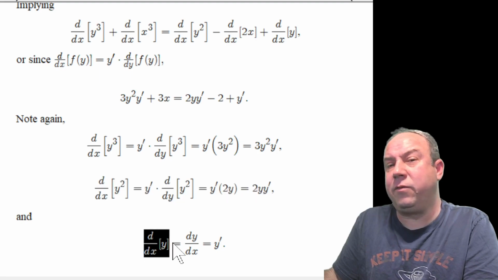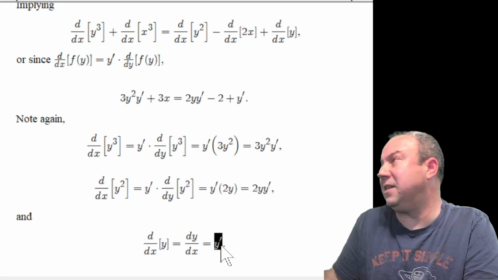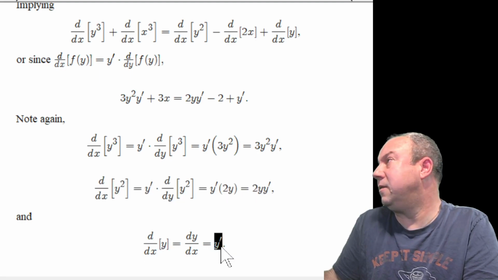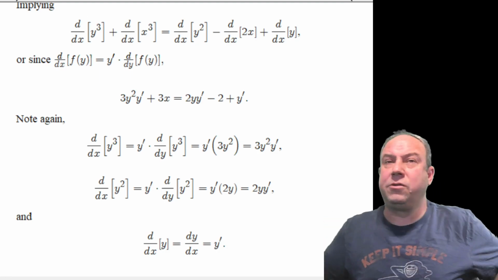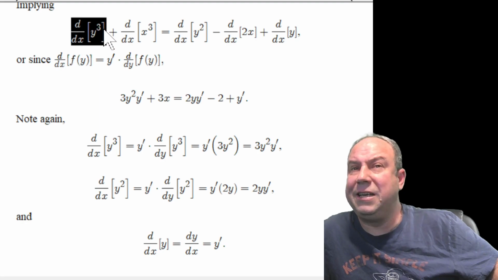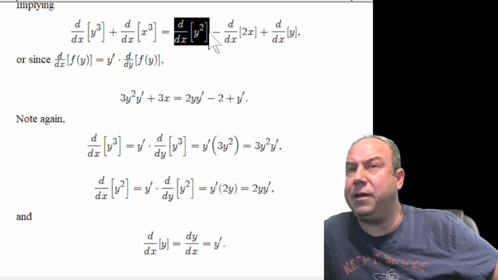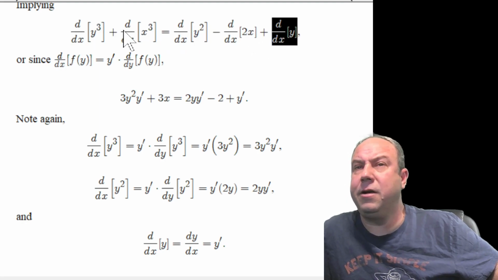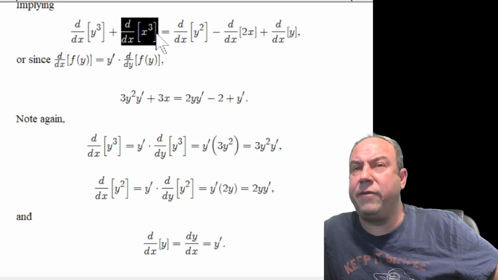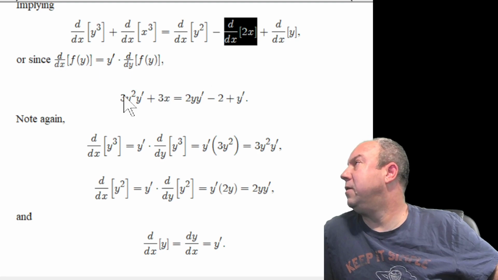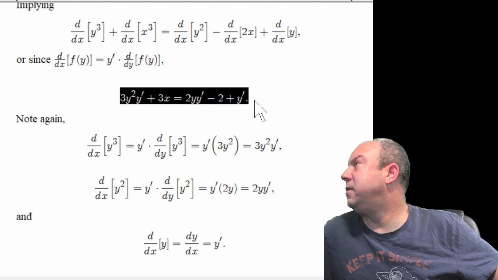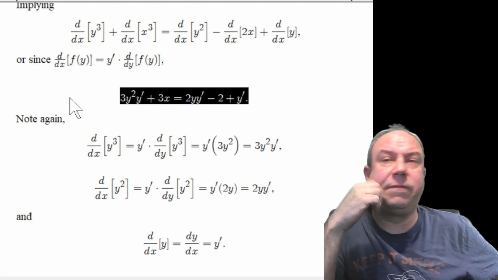And any derivative with respect to y is this. All right. Substituting those into the above results here, here, and here, along with our derivatives of functional behaviors here and here, we end up with this implicit result for y prime.